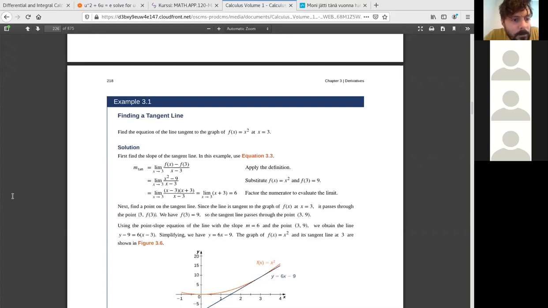We have 2 to the 2, or it should have parentheses there. So the value of the function at 2 is 4 plus 18, right? So that's 22, divided by x minus 2. So we need to find the limit here, right?